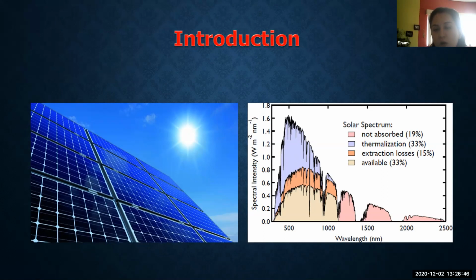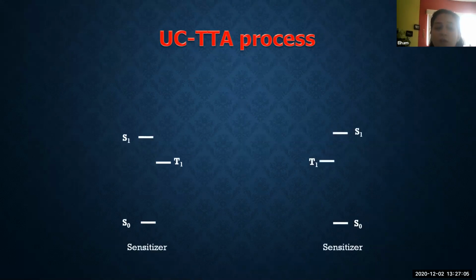My project was about a process called upconversion, to use those photons that don't have enough energy to be absorbed by the solar cells. In upconversion, we have two kinds of molecules, sensitizer and emitter molecules. First, we excite the sensitizer to the singlet excited state, and then through intersystem crossing it goes to the triplet state.